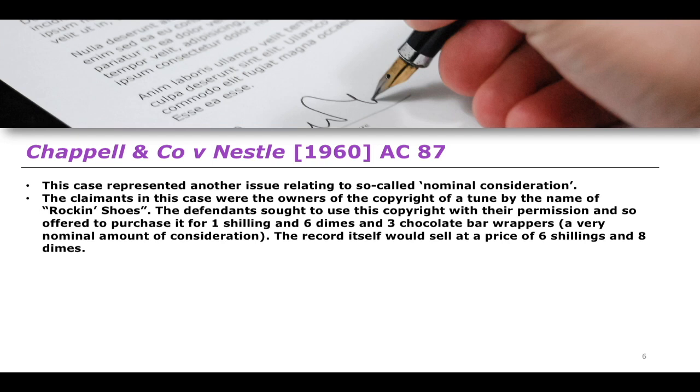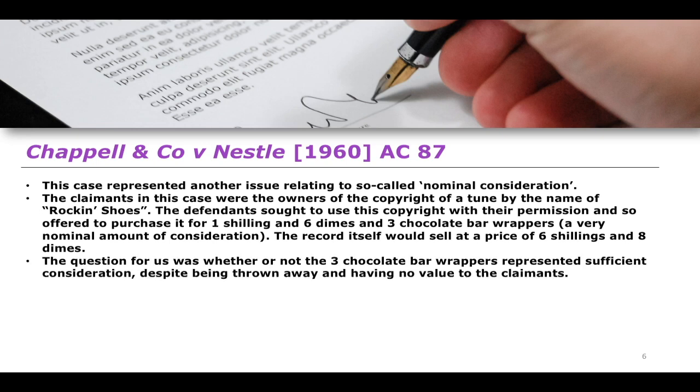A very nominal amount of consideration, what would seemingly be a very inadequate amount. Because the record itself, even though it was purchased for the price of 1 shilling and 6 dimes and 3 chocolate bar wrappers, would sell at a price of 6 shillings and 8 dimes, so quite significantly more than what was originally bought for.